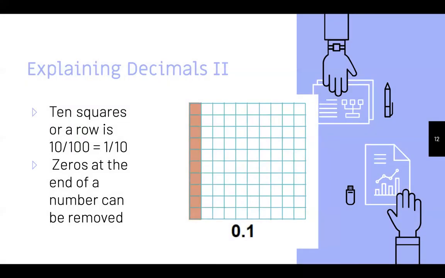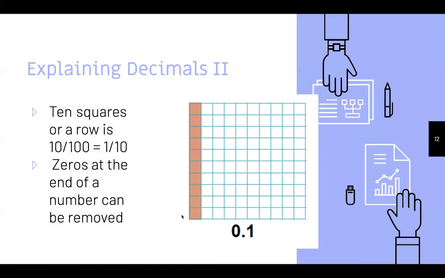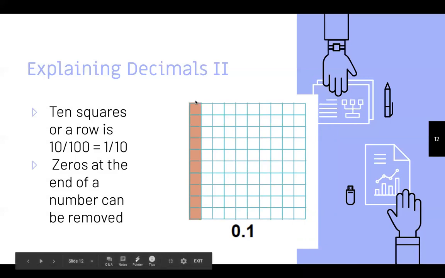So let's see another one. What's the difference? A whole column is shaded. That's 10 squares. You can look at it by rows or columns, because there are 10 rows and 10 columns, but we shaded one column.